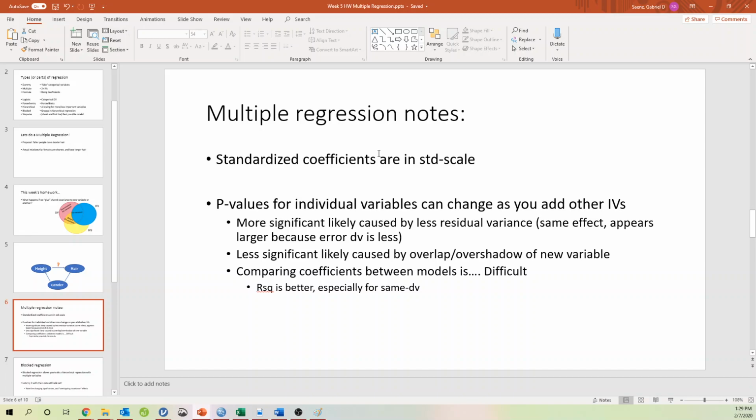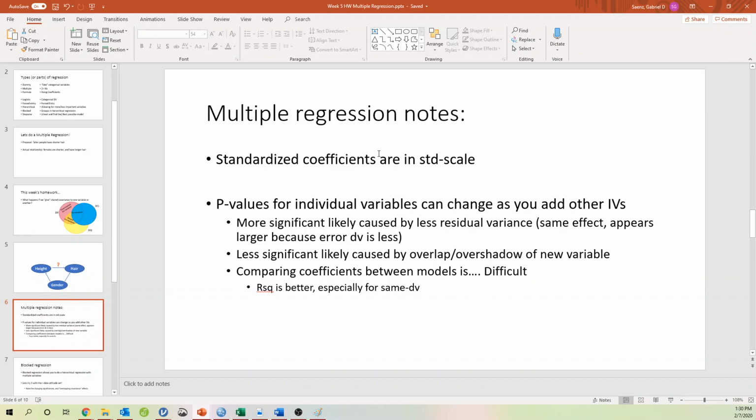Most of the time, your coefficients are just for the regression formula. Your standardized coefficients are just for comparing the relative value of independent variables to each other. You can try and make comparisons between regression models, but I would not advise it unless you know what you're doing and you really understand this stuff.